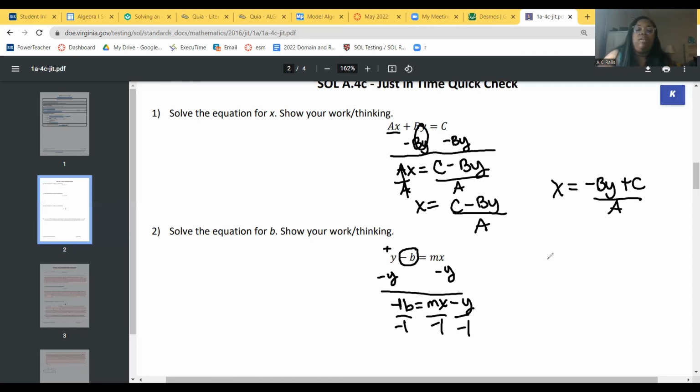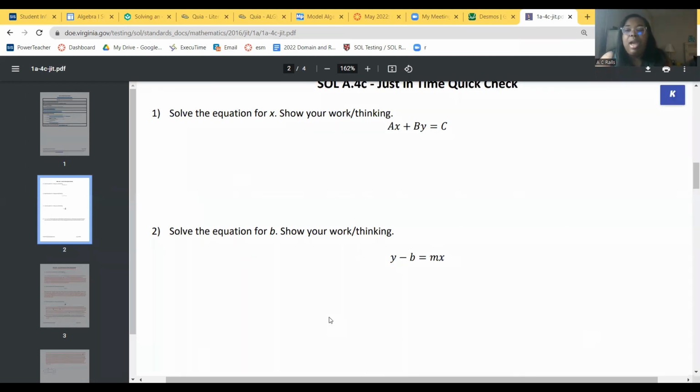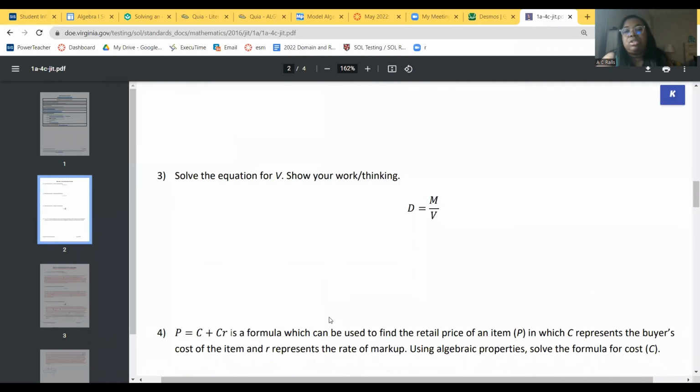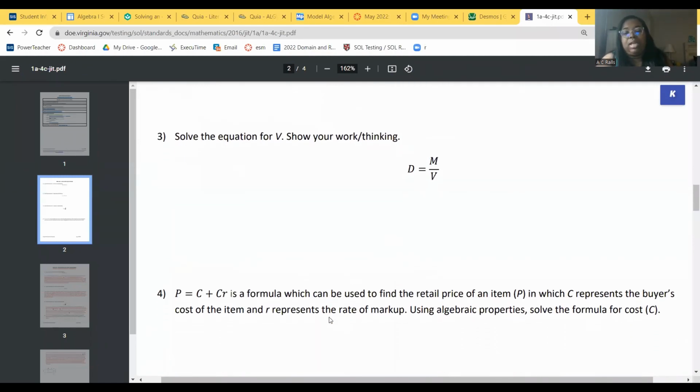So you end up with b is equal to mx plus y. Keep in mind, they might say b is equal to y plus mx. This is beneficial when you have formulas that you're trying to solve for things.